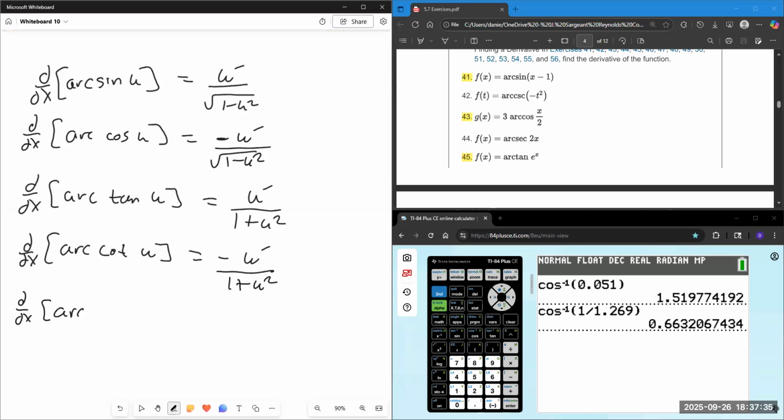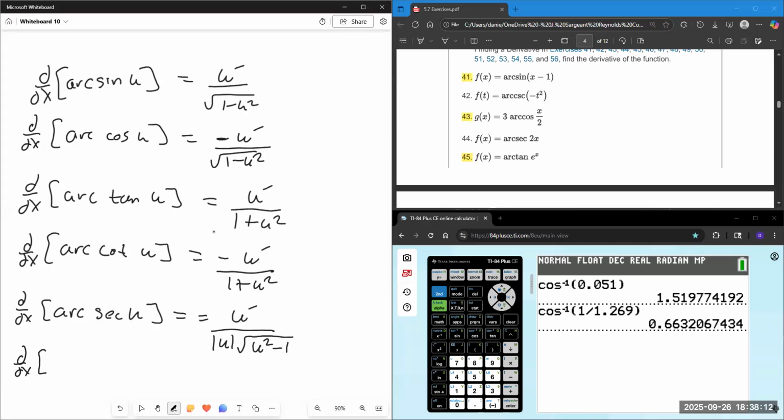Arc secant of u is, let's see if they did an arc secant problem. They didn't, but it is u prime over absolute value of u root u squared minus 1, and I think that's right.